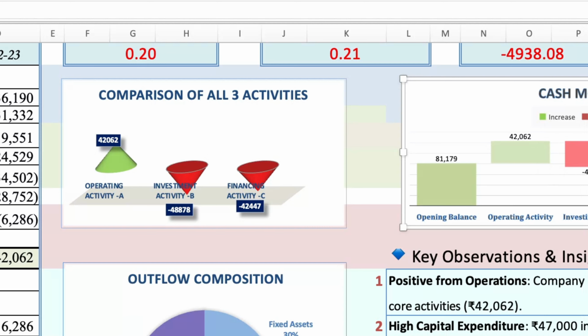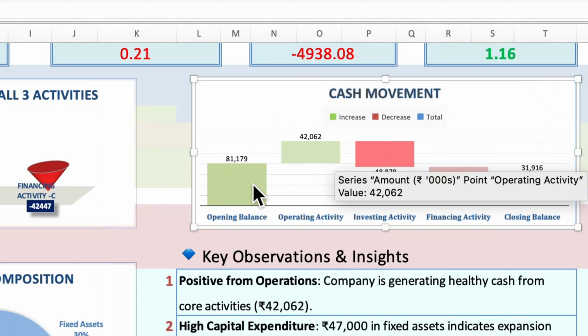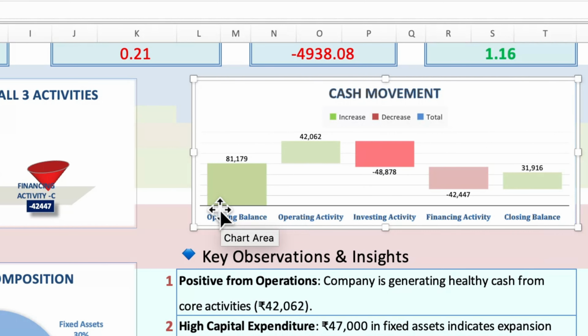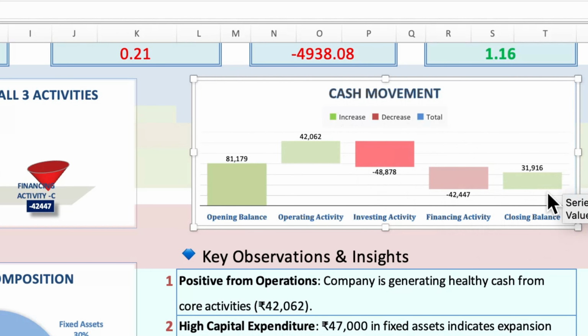Next is cash movement chart. This is waterfall chart actually, and this is to show how cash move between three activities here, from opening balance to operating, investing and financing activity, and how we arrive to closing balance.